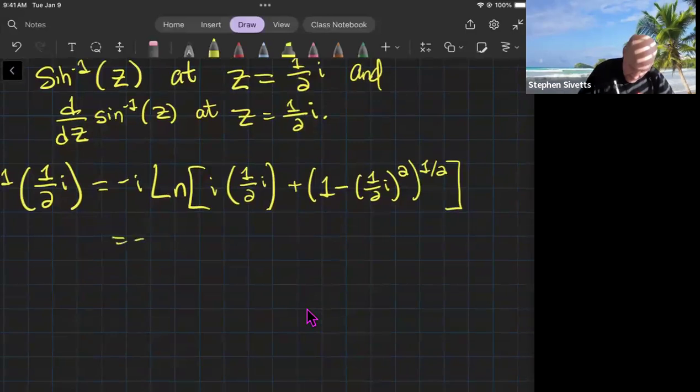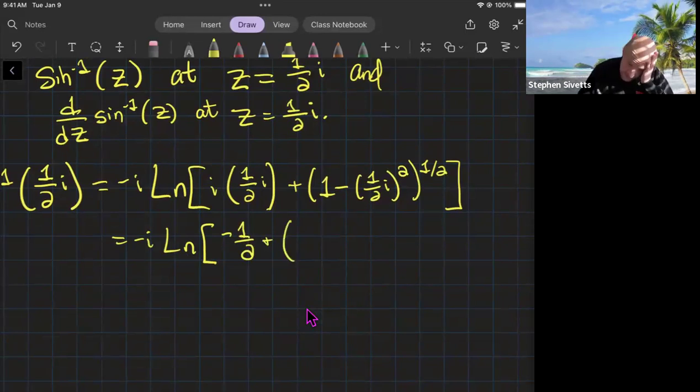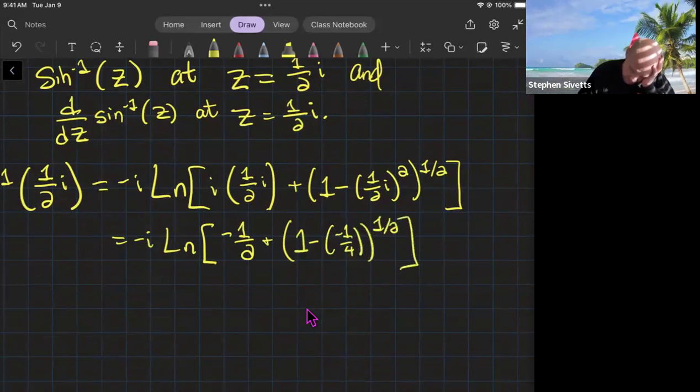Okay, so this equals minus i times the capital logarithm of minus 1/2 plus, so this is 1 minus negative 1/4, to the 1/2 power.